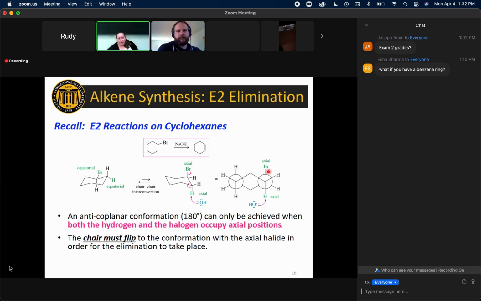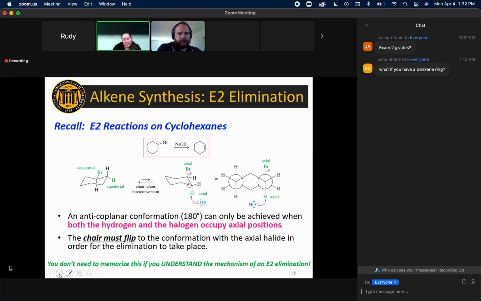Only when a substituent is axial can it have a proton in the anticoplanar position, right? So even though the equatorial form of the chair might be more stable, the axial still is formed sometimes, right? Some percentage of the time. And when that chair flip occurs, that is when an E2 elimination can occur, only when that halogen is axial.